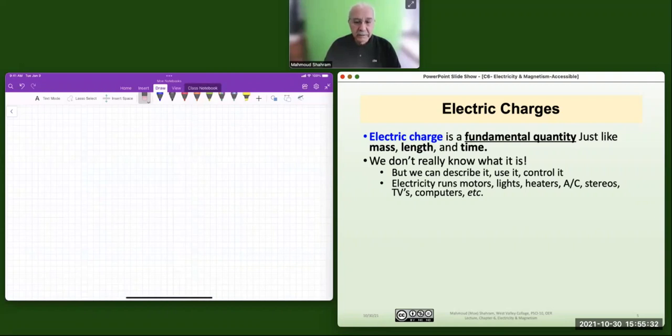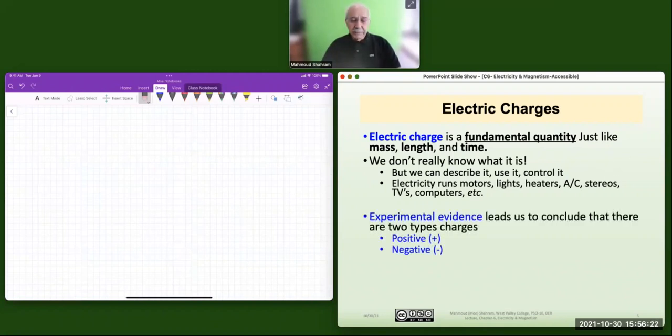Those are the fundamental quantities in physics, in nature actually. We can characterize them, we can model them, and we can use them to our benefit. Things that actually are very useful to us, things like electrical motor, computers, cell phones, and everything else that we use pretty much today.